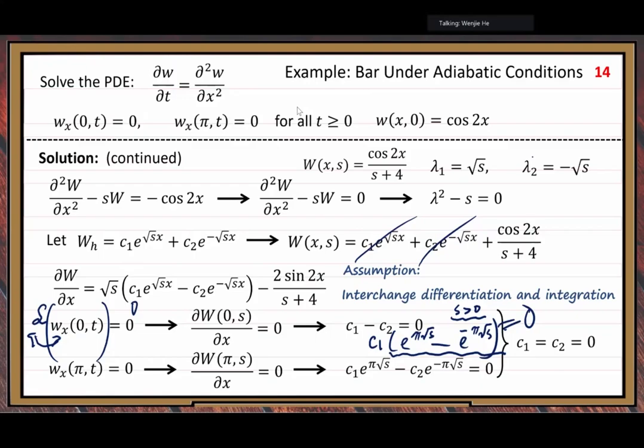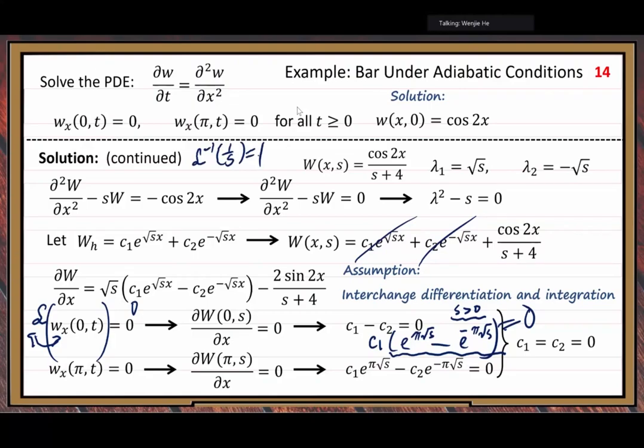So we apply, on the s part, s plus 4, the first shifting theorem. Recall the inverse Laplace transform of 1 over s equals 1.